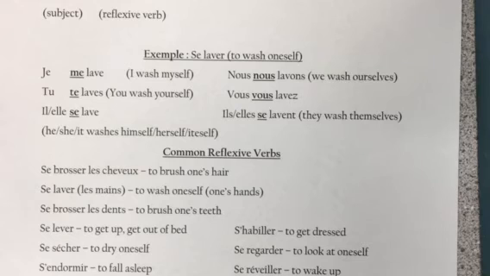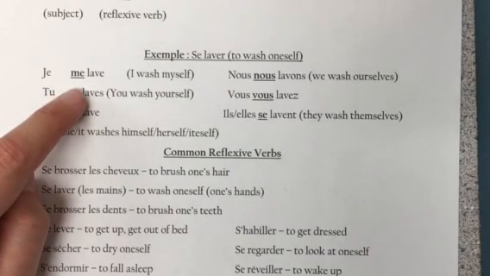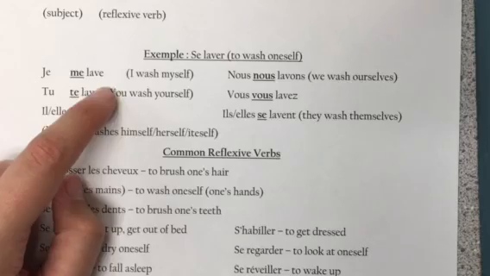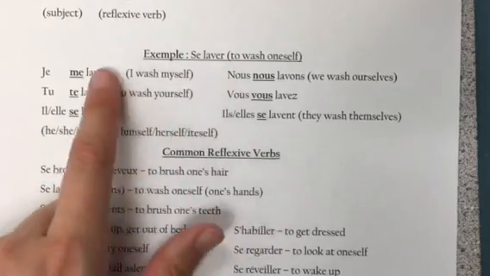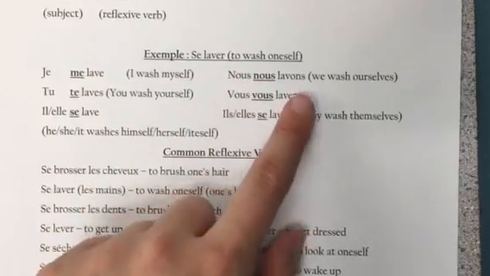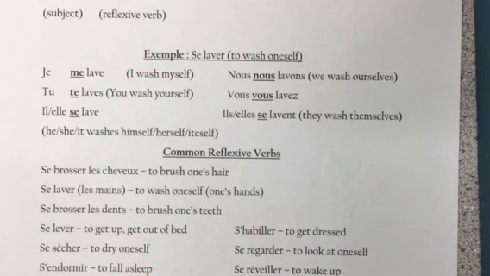Just like we did with our spelling change ER verbs, two things had to change, just like passé composé, two things had to change. Well, your reflexive verbs are a little more complicated as well, and two things have to change. You have to add your reflexive pronoun, and then you also have to conjugate your verb. So this is a normal ER verb, so you would just do e, es, e, ons, ez, ent, okay?